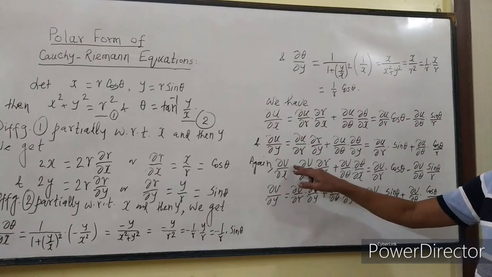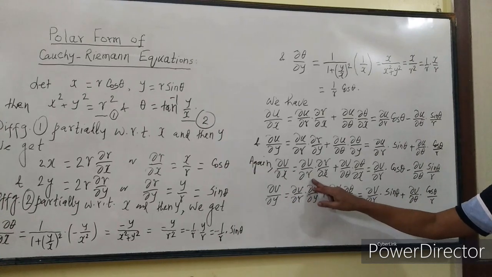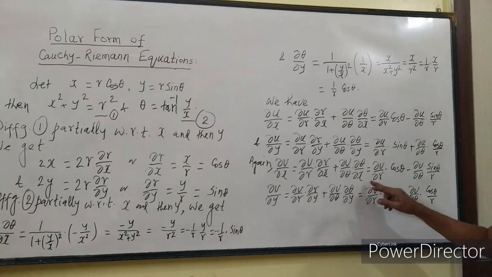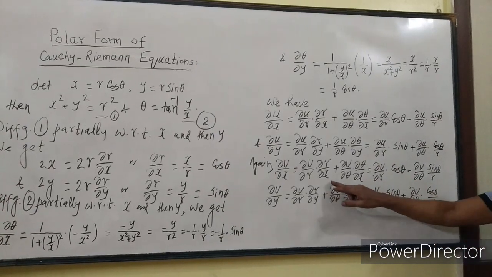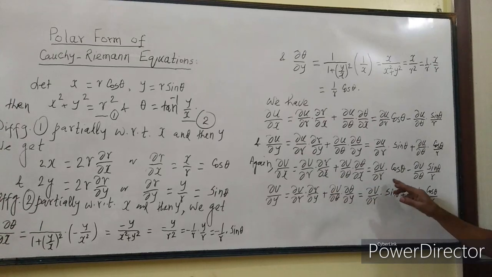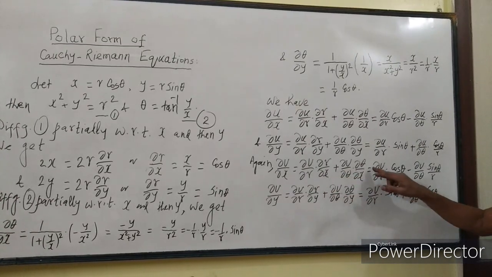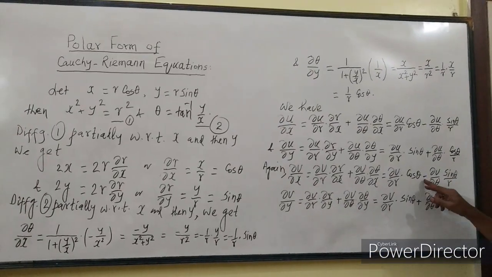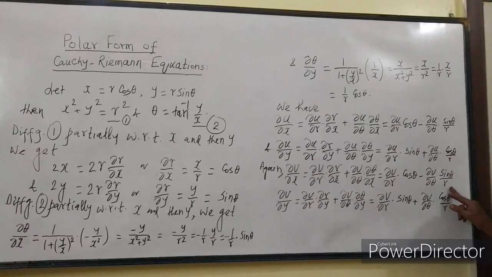Similarly, again del v del x will be equal to del v del r into del r del x plus del v del theta into del theta del x. This will be equal to del v del r into cos theta, because del r del x is cos theta, plus del v del theta into del theta del x, but del theta del x is minus sin theta by r, so this is minus del v del theta into sin theta by r.